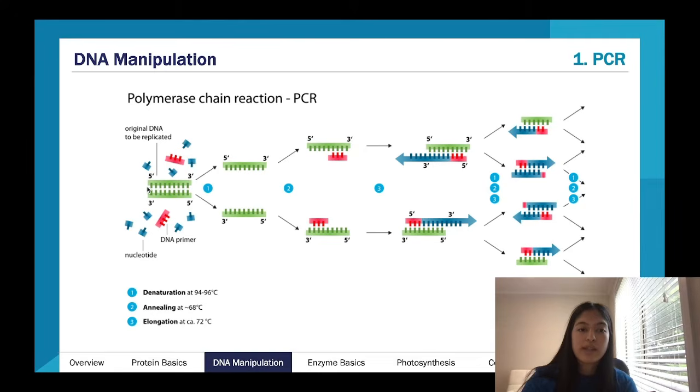We started off with 1 DNA strand. Now we've got 2. Then we repeat that process again. We denature them, now we've got 4 strands. We attach the primers, we've got Taq polymerase. So now we've got 4 pieces of DNA. We had 1 piece of DNA, then 2, now 4. Next we'll have 8, and so on, and so on.